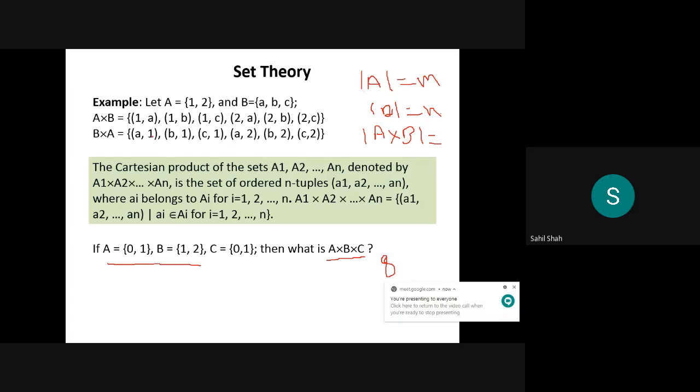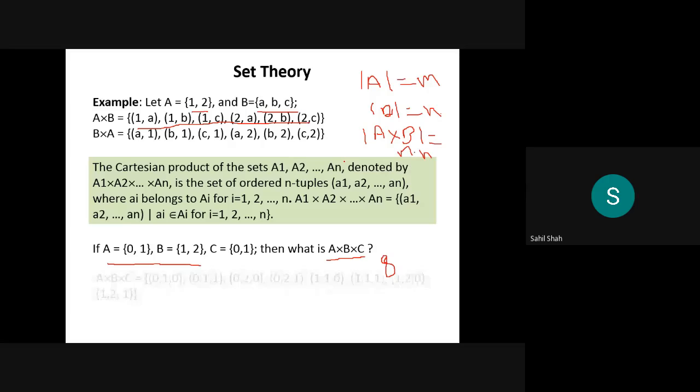In cross product, we are taking a pair of every element from the first set with every element of the second set. You can observe here, there were 2 elements in A, 3 elements in B. So how many in total? 2 threes are 6 elements in my cross product. So in general, M into N in the cross product of A cross B.